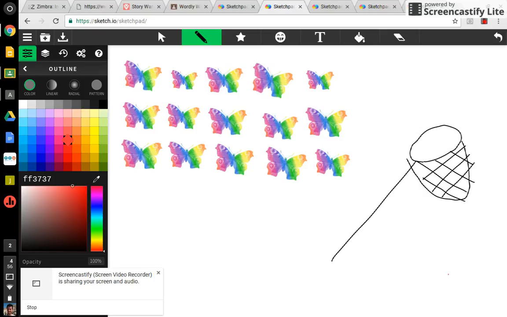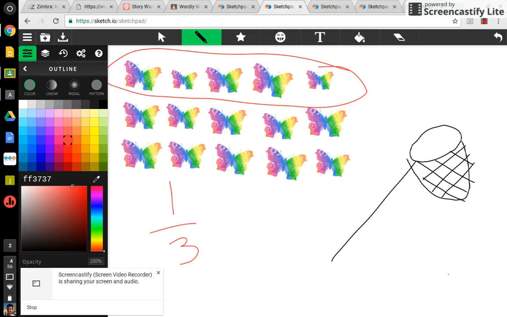Well, to show what 1/3 of your moths looks like, I'm going to go ahead and circle 1/3 of my butterflies. Notice how this is 1 out of 3 groups of butterflies. So this represents 1/3 of 15 butterflies. Now we've talked about how this is repeated addition, but also this is a portions problem.